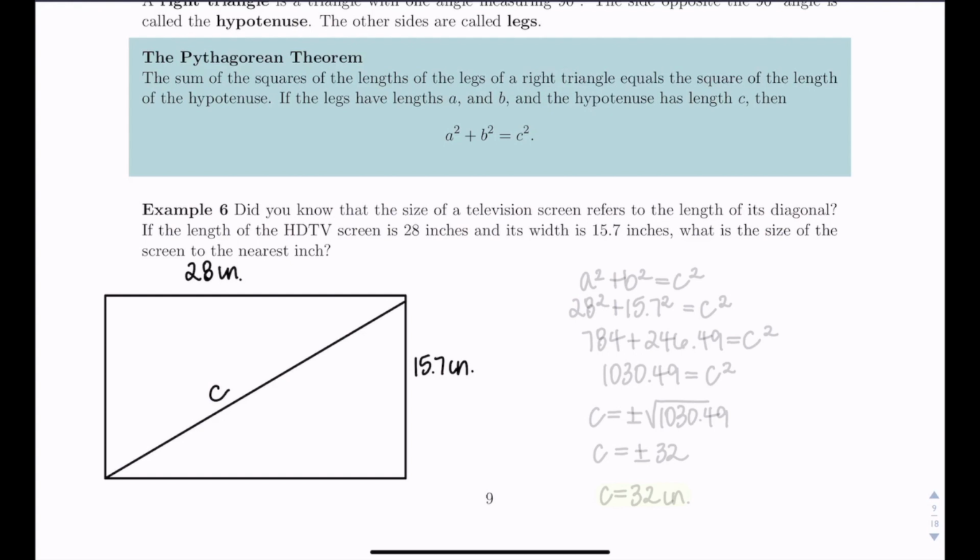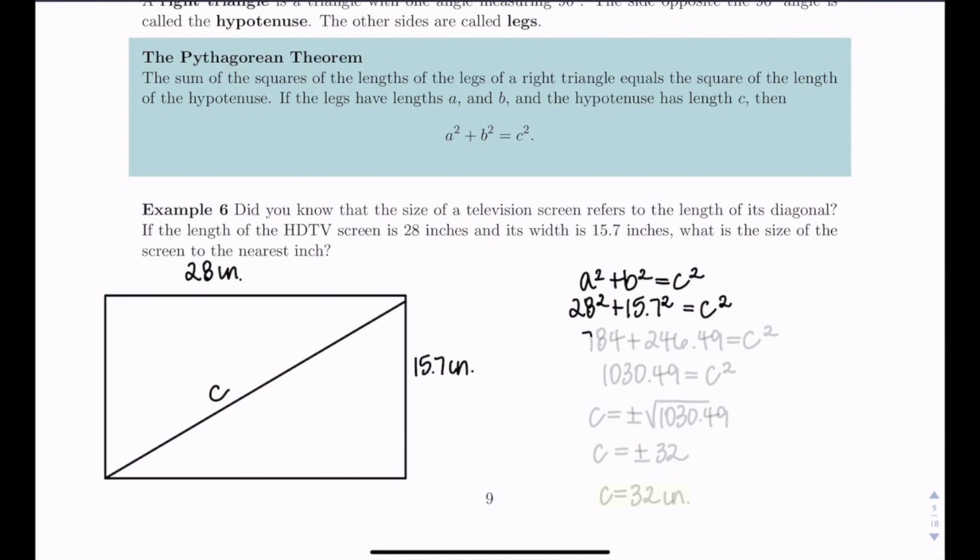Using our Pythagorean theorem, we know that a squared plus b squared equals c squared. a and b don't matter as long as it's the two legs. So we have 28 squared plus 15.7 squared is equal to c squared.